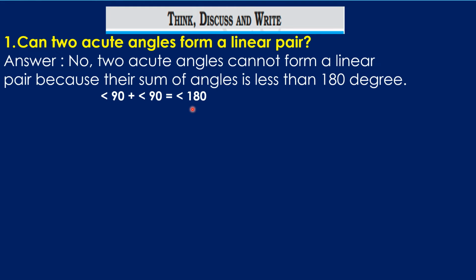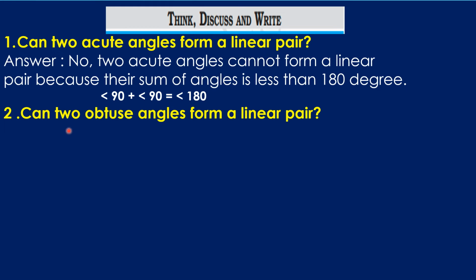So it will not be equal to 180 degrees, because angles are said to be a linear pair when the sum of the two adjacent angles is equal to 180 degrees. Then only we can say that the two adjacent angles are a linear pair. Since here two acute angles are given and their sum is not equal to 180 degrees, therefore the given statement is not true.